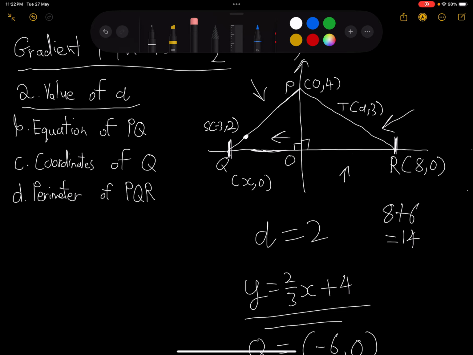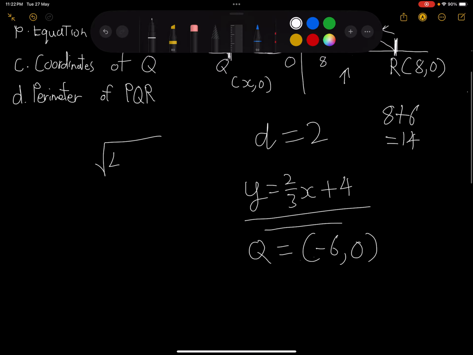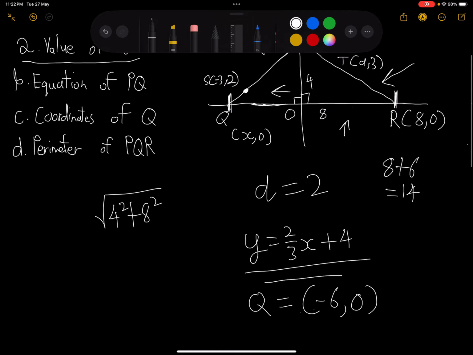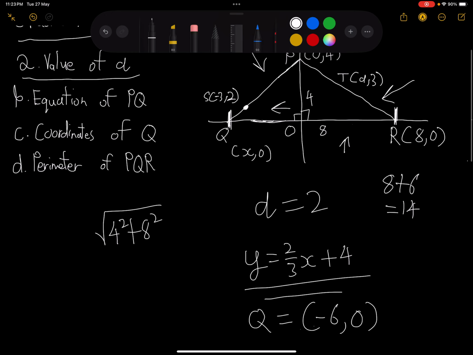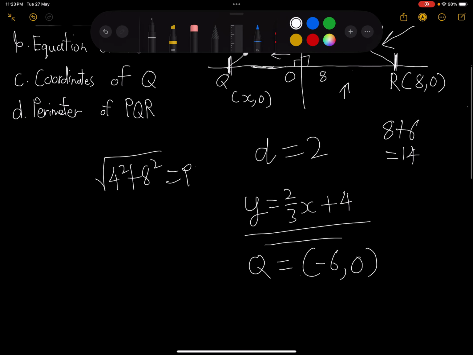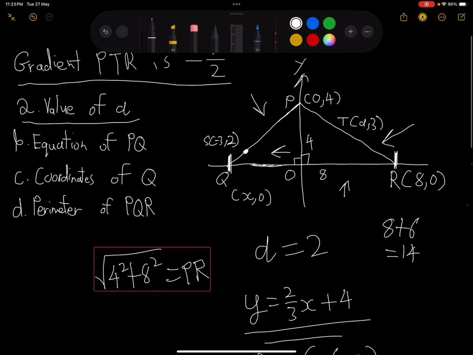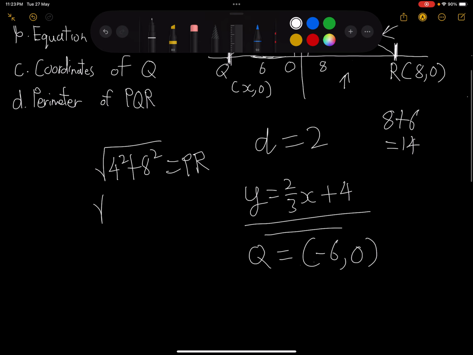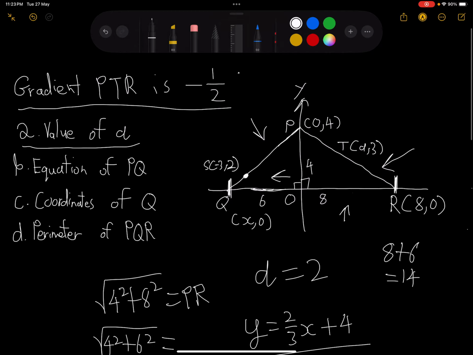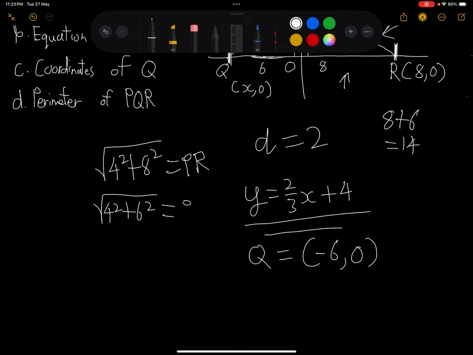So now that we've got the base and height, which are 4 and 8, you can plug in 4 squared plus 8 squared equals this line right here, which we will be calling PR. And then we'll also be finding this, and since we know that Q is -6, we'll know that this is 6, and the line is still the same, so it's 4. So we'll plug it in like so to find the length, and let's just call it PQ.